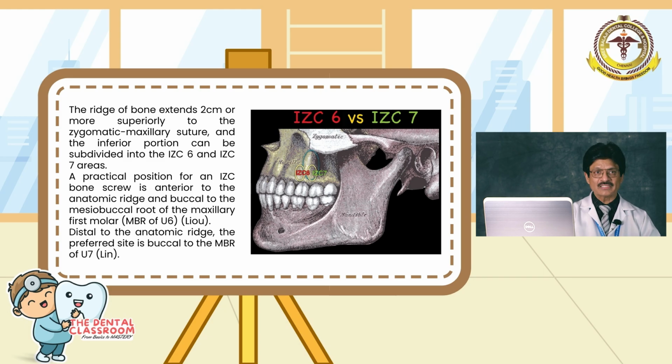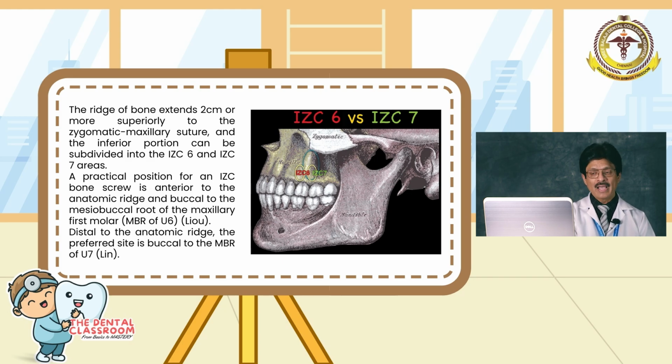So what is this infrazygomatic crest? If I were to explain it more explicitly, it is a ridge of bone which extends 2 cm or more superiorly to the zygomatic maxillary suture, and the inferior portion can be subdivided into the IZC6 and IZC7 areas.